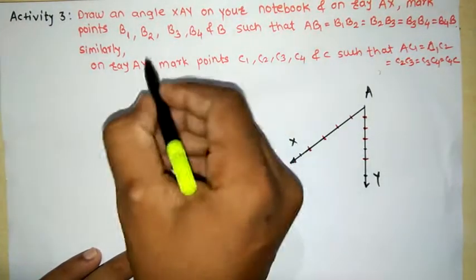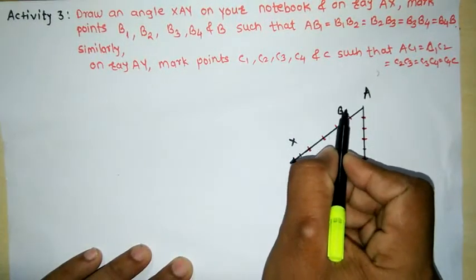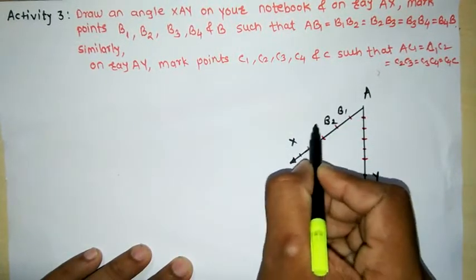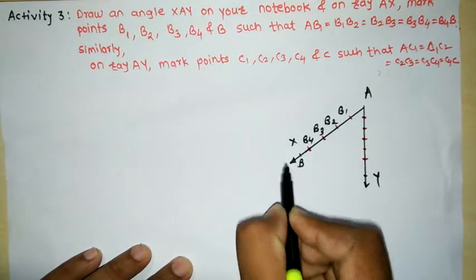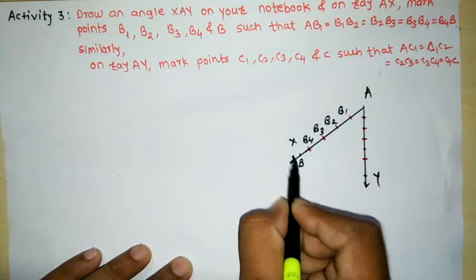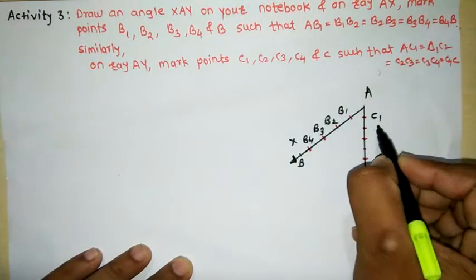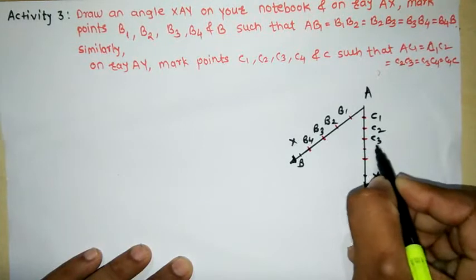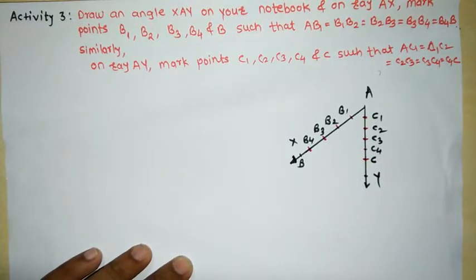On the arm AX, we mark B1, B2, B3, B4 and the last one is B. And again mark here C1, C2, C3, C4 and C. The last point is C.